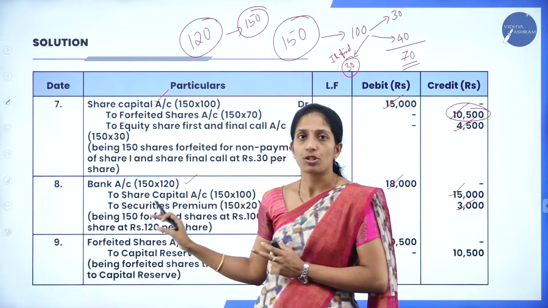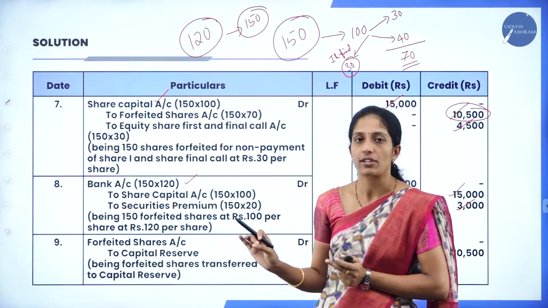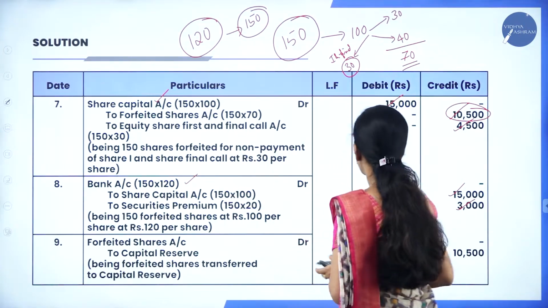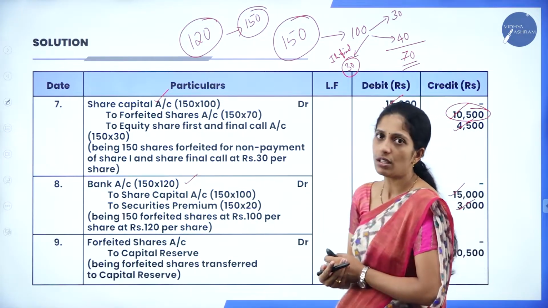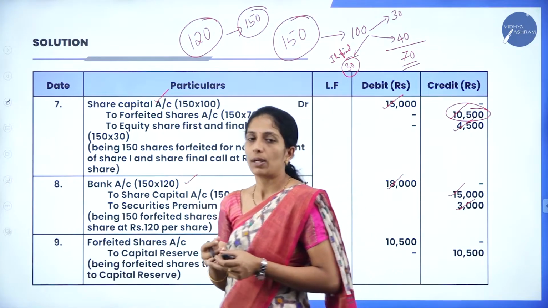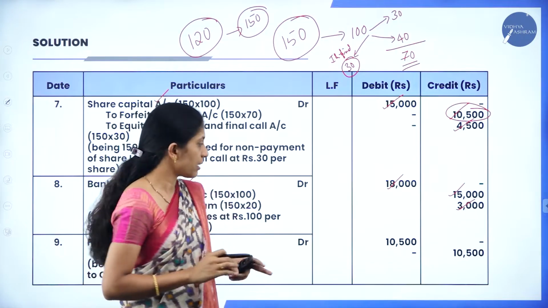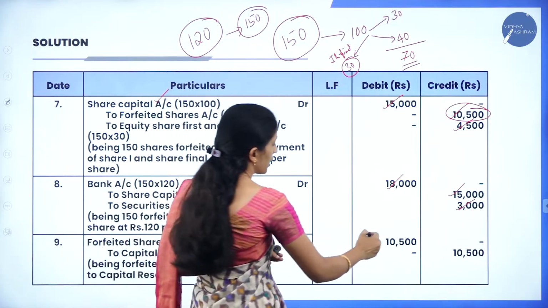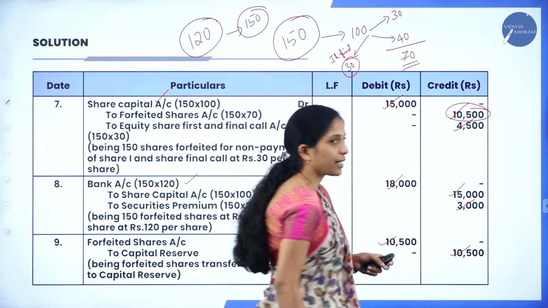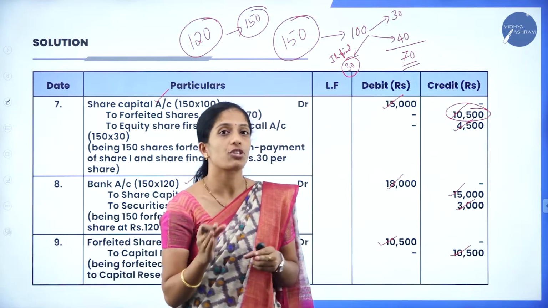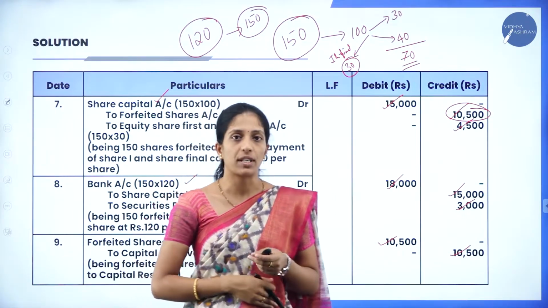But here they have reissued at a premium, so no forfeited shares debit. We have only one forfeited shares account, that is 10,500. So directly you will transfer that amount of forfeited shares account to capital reserve. So how much? 10,500. So how can you write the narration? Being forfeited shares account transferred to capital reserve.